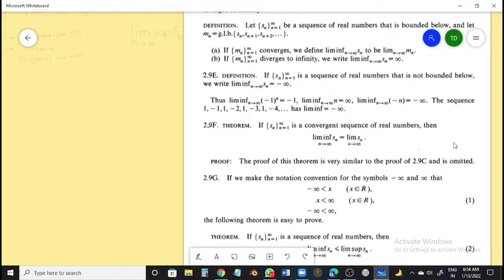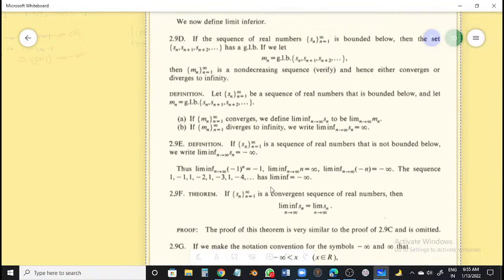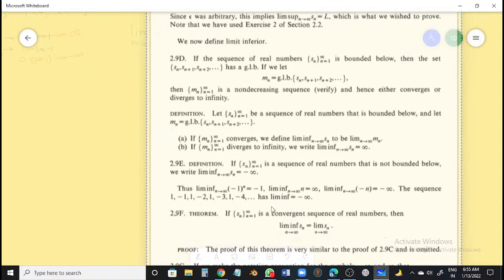It's but natural that the sequence must be bounded below. If the sequence of real numbers is bounded below, then we will be talking about its greatest lower bound, and again we will define on the same lines. So this being a dual concept, I think I should not much explain it.